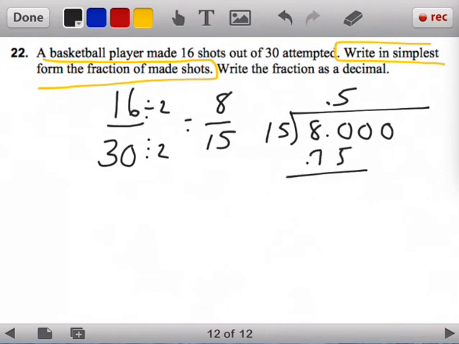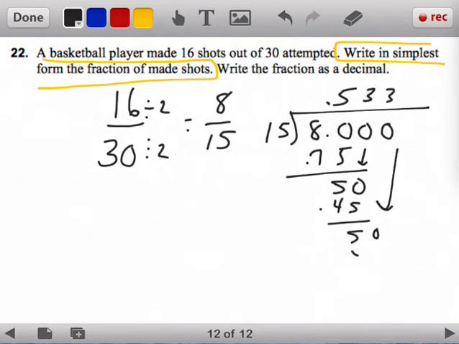Subtract, get 5, bring down the 0. 15 goes into 50 3 times, 3 times 15 is 45. Subtract, get a 5, bring down a 0. 3 times 15 is 45. Subtract, get a 5, bring down another 0. So I see right away that my remainder of 5 repeats. Therefore, my decimal will repeat.